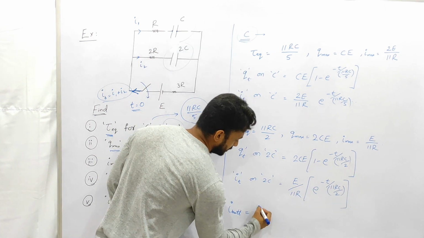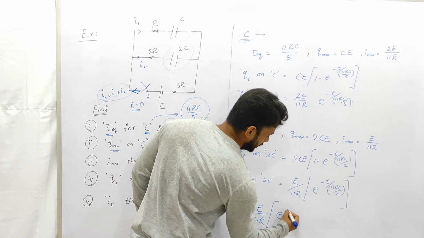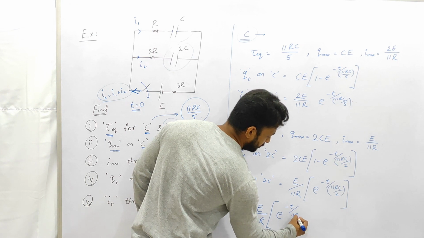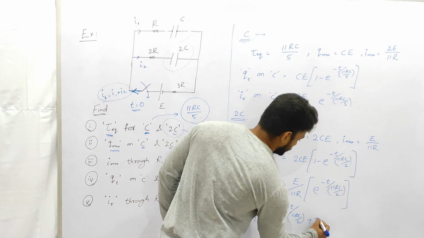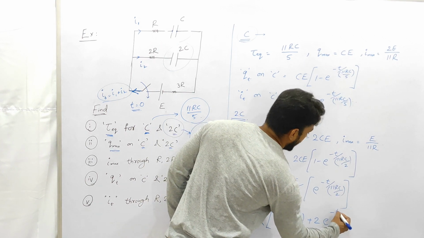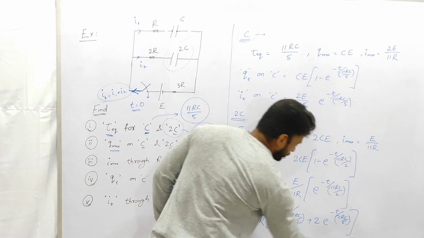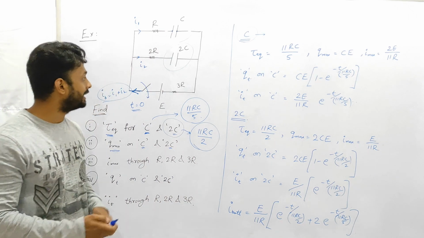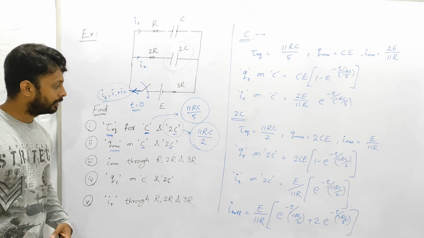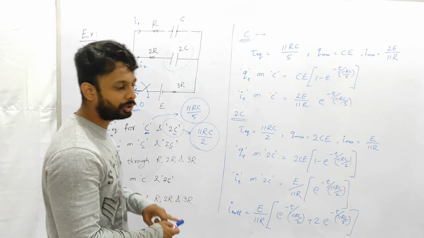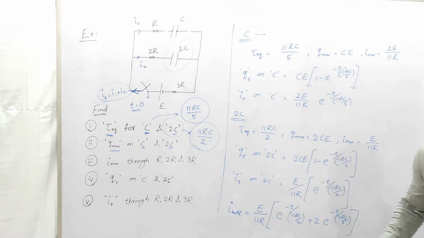Directly I get E by 11R times e power minus t by 11RC by 2 plus 2 into e power minus t by 11RC by 5. There we go, just using Kirchhoff's law. This way we are able to find the current passing through the battery as well. So using this concept of tau equivalent, Q max and I max calculation, any question they ask, we will be able to solve.